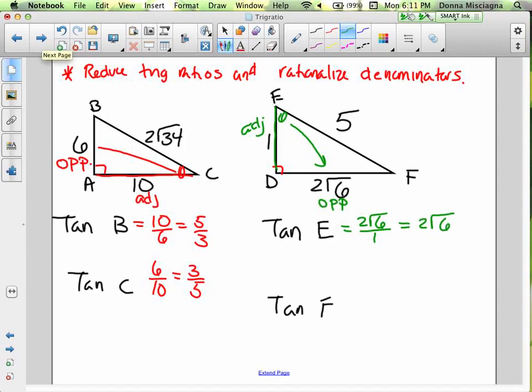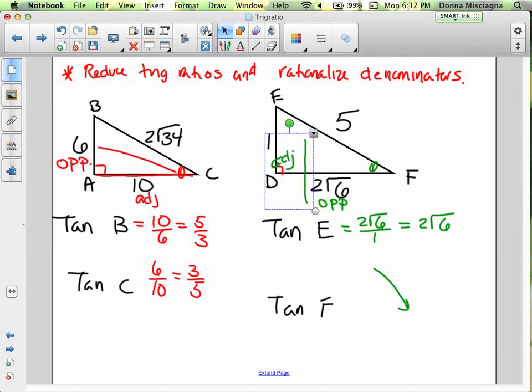All right, and now let's look at the last one. So we have angle F. We want angle F's point of view. So that's going to be our angle. And I'm going to get rid of all these things. The word adjacent in the line got stuck again.